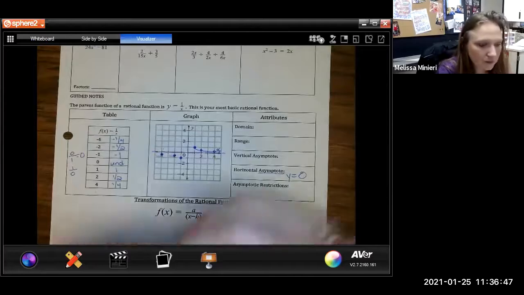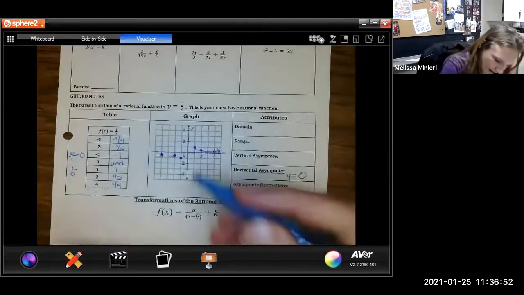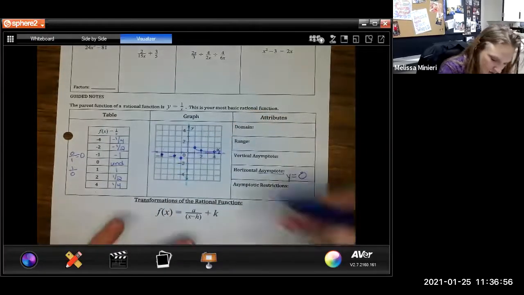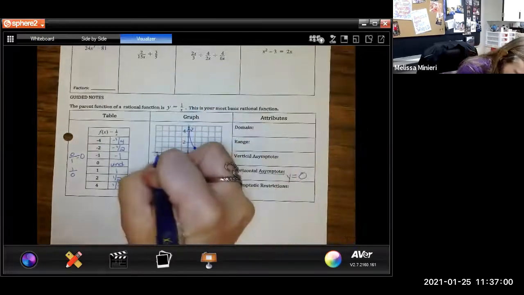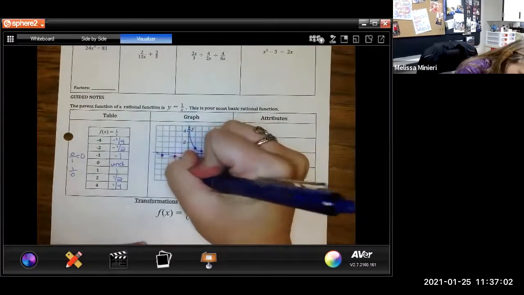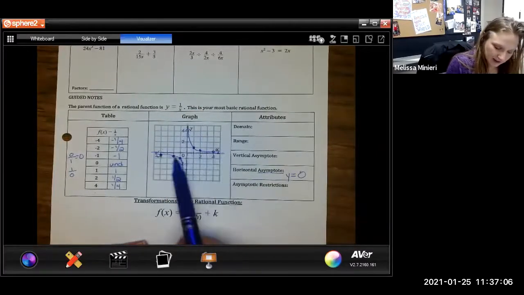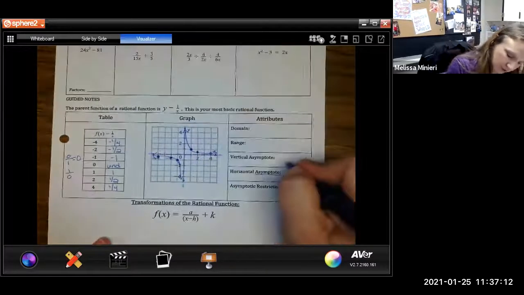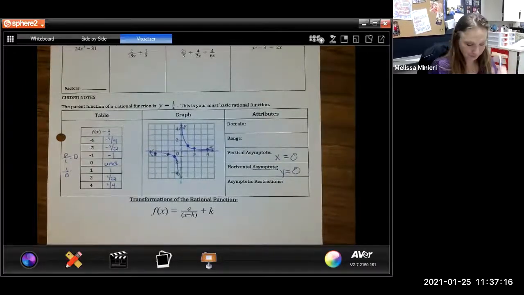We also have a vertical asymptote because on this side of the graph, it's going to get closer and closer as well for the same reasons. So this graph has 2 pieces, and it approaches 2 asymptotes on all 4 of these sides. So we have a vertical asymptote at x = 0 because it's cutting through the x-axis at 0.